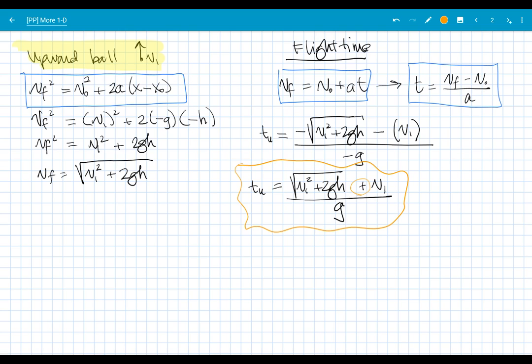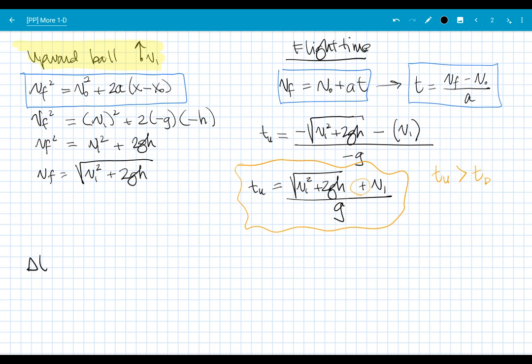There's a positive sign here. So what that tells me is that the time for the upward throw is greater than the time for the downward throw. That makes sense. If I had asked you to guess which one took longer, this is the one that you would have guessed, right?